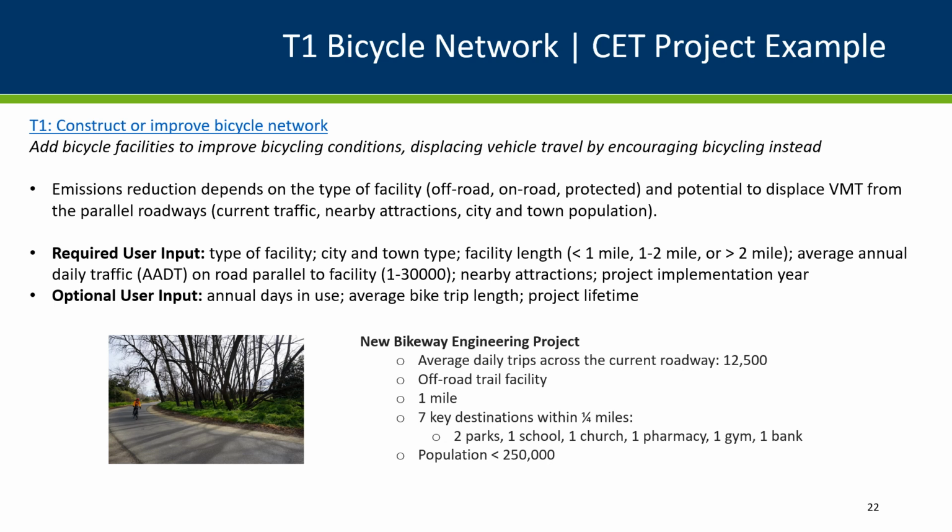It allows for variation in the annual days in use to consider environments like a college campus where a bikeway might be plowed or maintained for year-round use, or a bikeway that is not going to be available year-round. It can also take adjustments to the average bike trip length in the place or city of interest. Our example is an off-trail bike facility that is 1 mile in length in a small city with 12,000 AADT along a parallel roadway.